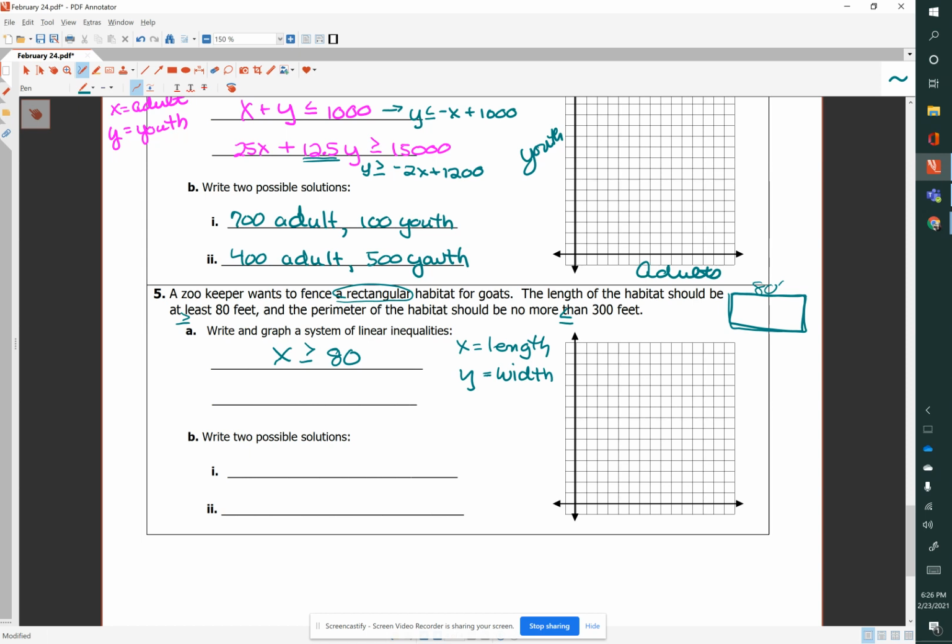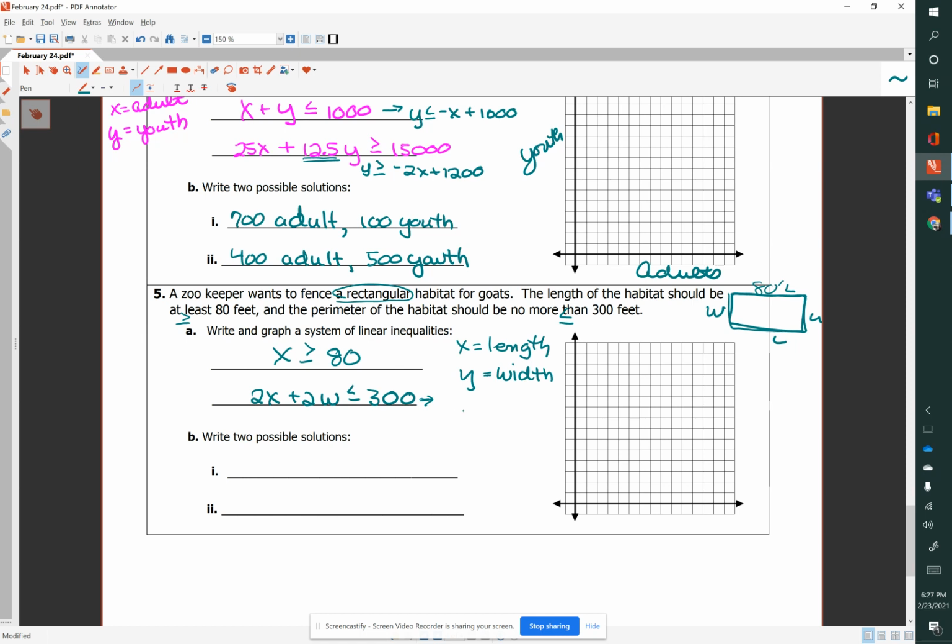And then for our second inequality, remember we have two lengths and two widths on every rectangle. So 2 times the length plus 2 times the width must be less than or equal to 300 because he doesn't want the perimeter any larger than that. Maybe it's the amount of fencing he has, maybe it's a zoning issue, who knows.